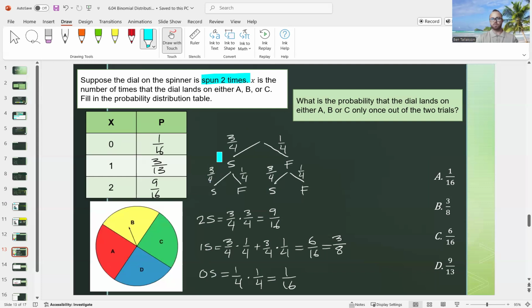So multiply those probabilities. There we go. Put it in your table. 1 success. Well, this is success then a failure. Failure then a success. So we multiply and add. So multiply these two and multiply those two and add them together. Give you 6/16 simplified to 3/8.